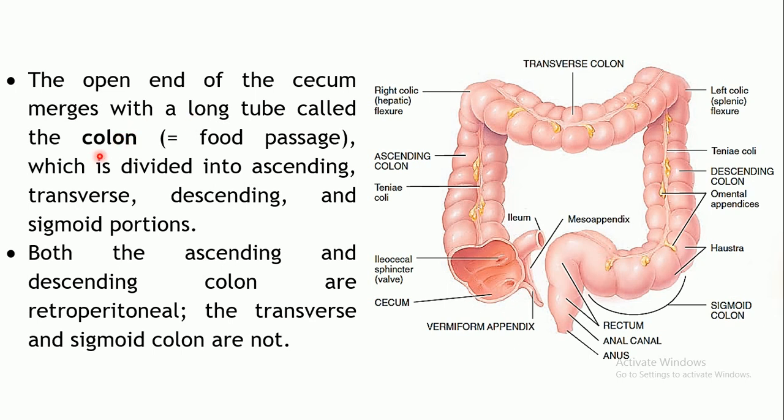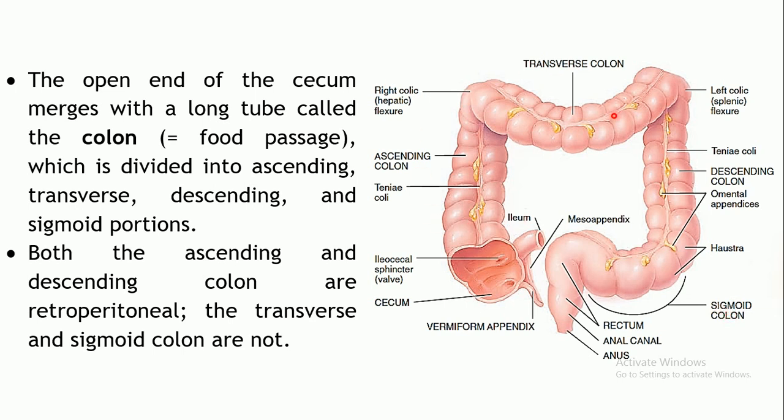That's why it was called colon. It is divided into different parts based on its location and shape. The first part is the ascending colon, the next is the transverse colon, the third is the descending colon, and the fourth is the sigmoid colon.